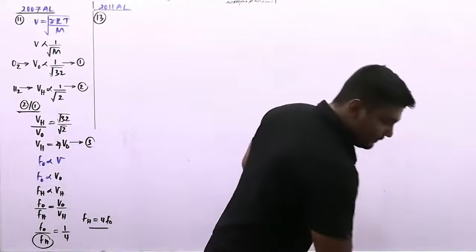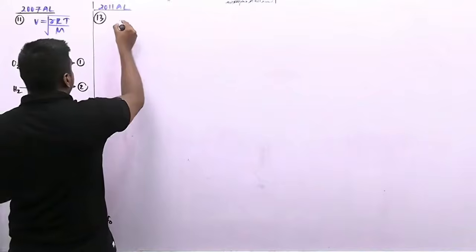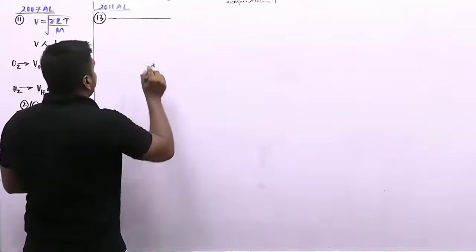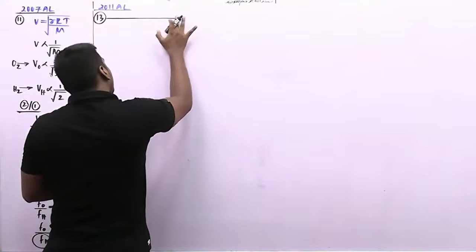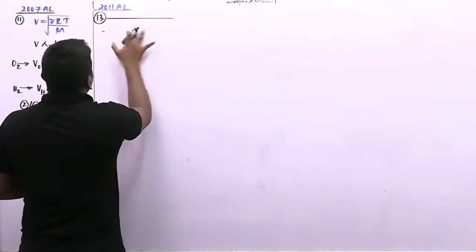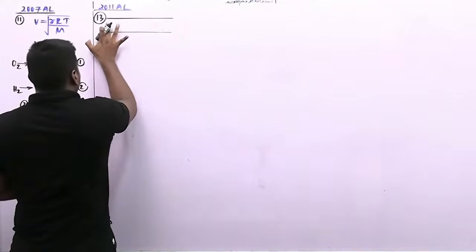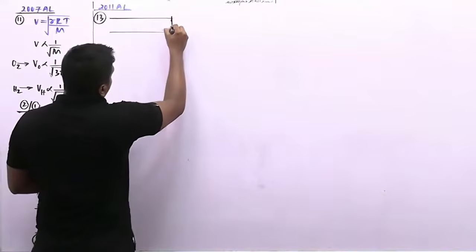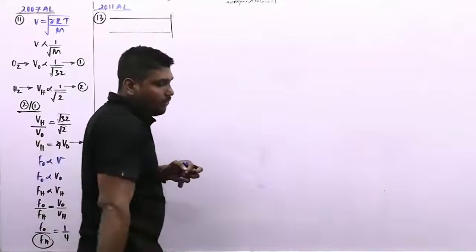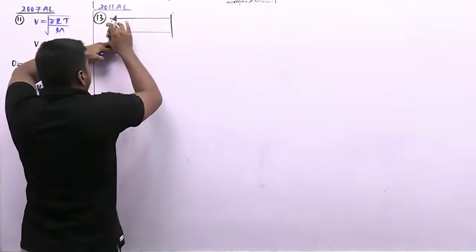Look here, right? So you want to assume this as a one-end closed tube. Because there is a boundary, there is a rigid vertical wall, and this is horizontal ground, and here is your speaker.